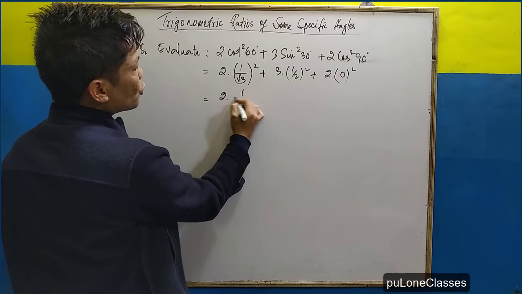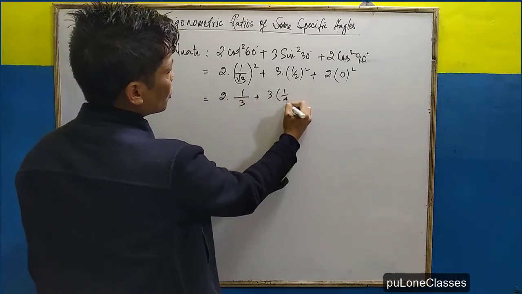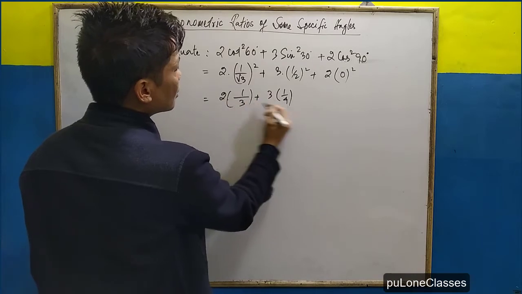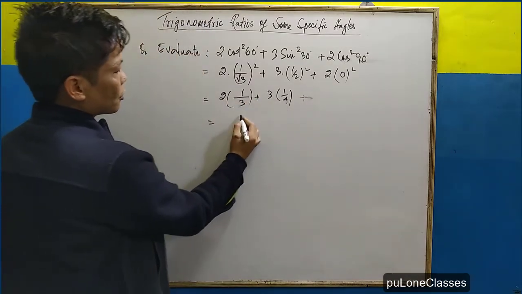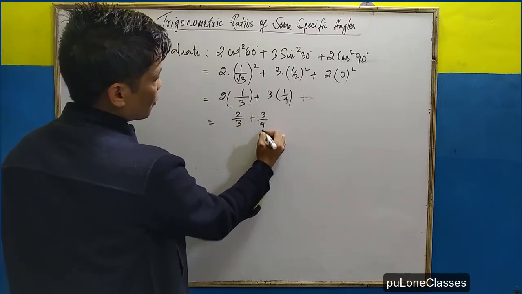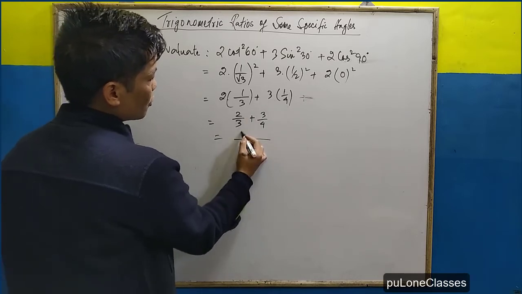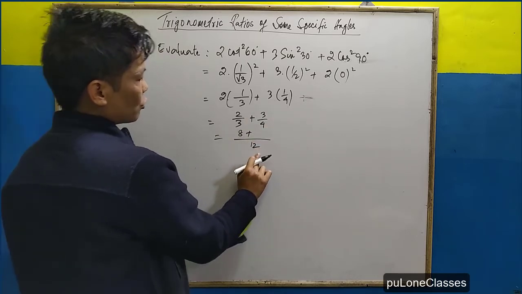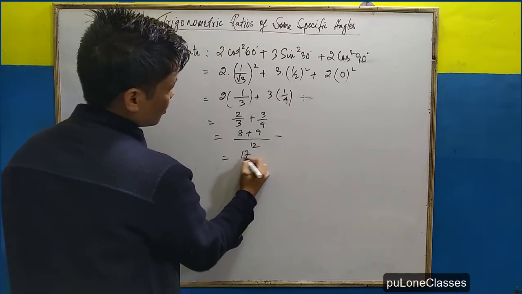So 2 times 1 square is 1, root 3 square is 3, plus 3 into 1 square is 1, 2 square is 4. And 2 into 0 is 0. So from here I'll get 2 by 3 plus 3 by 4. If I take LCM, I'll get 12. 3 times 4 is 12, 4 into 2 is 8, plus 4 times 3 is 12, 3 into 3 is 9. So this is 17 by 12.